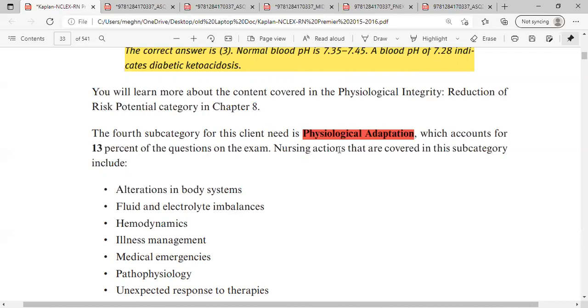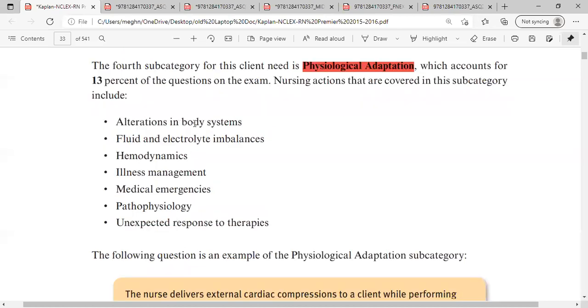So nursing actions covered in this subcategory include alterations in body systems. Like when a patient is older, their body system is not like in a young adult.